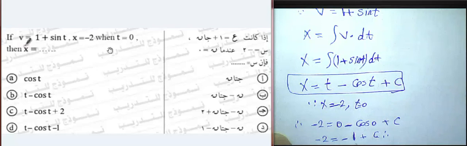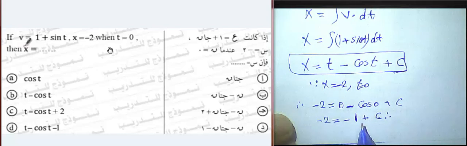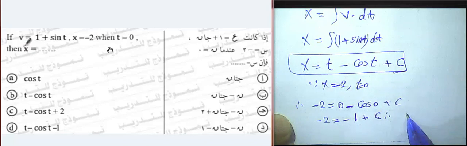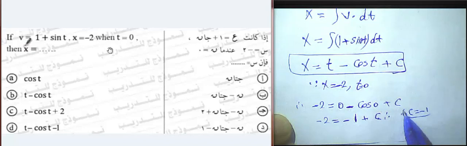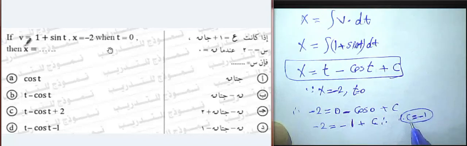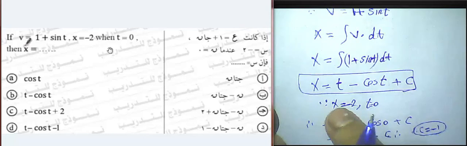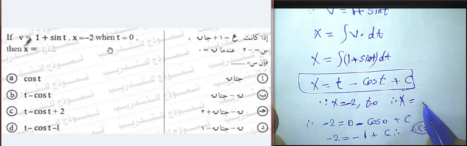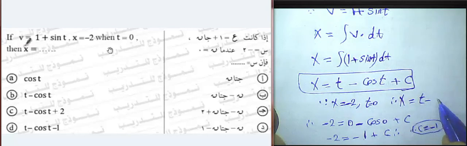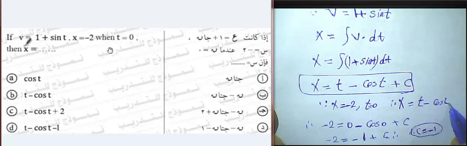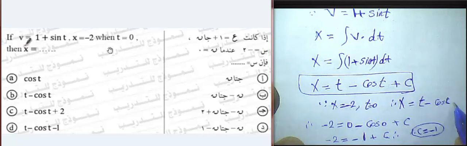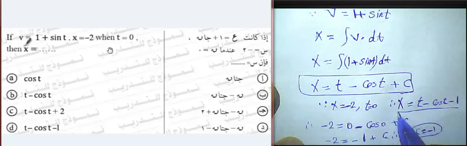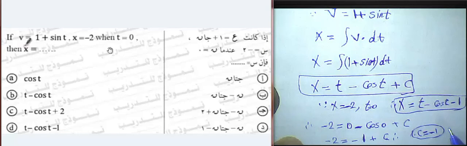Moving negative 1 from the right-hand side to the left-hand side, the constant will be negative 1. Then the equation is x equals negative cosine t plus the constant, negative 1. Okay, this is the result.